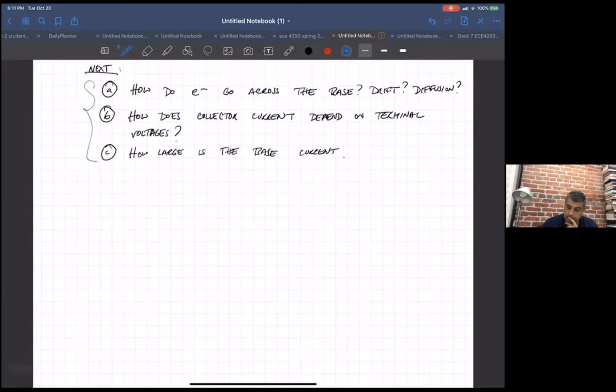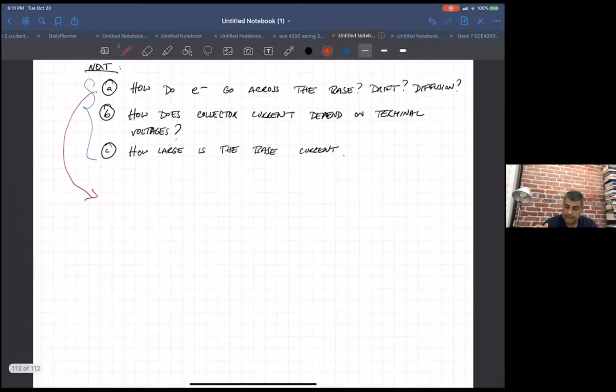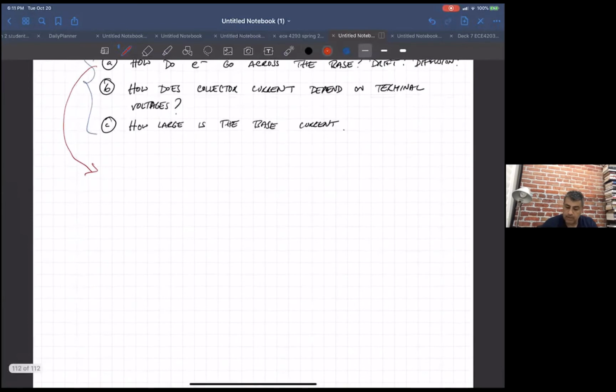Okay, so the first question is, how do the electrons go across the base? That's a pretty simple answer. This is the N plus of the emitter. This is the N of the collector.